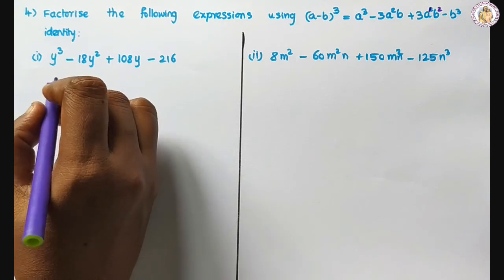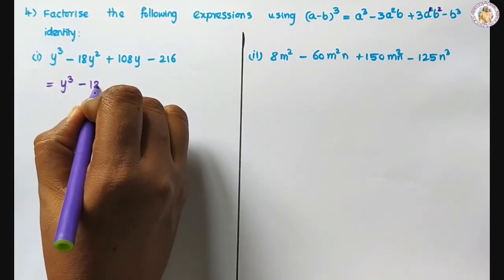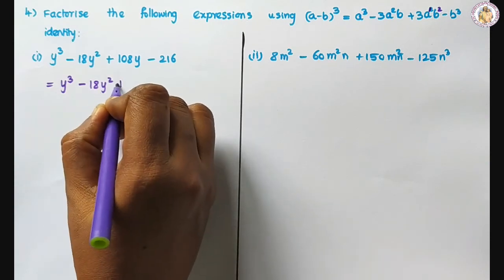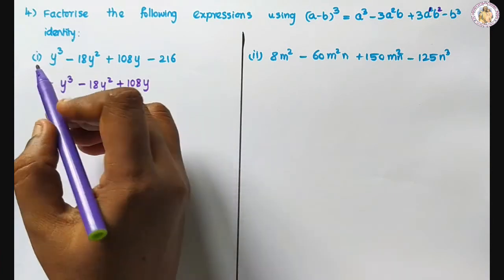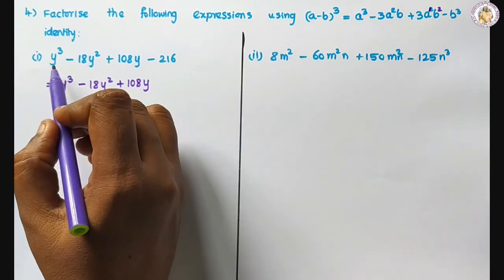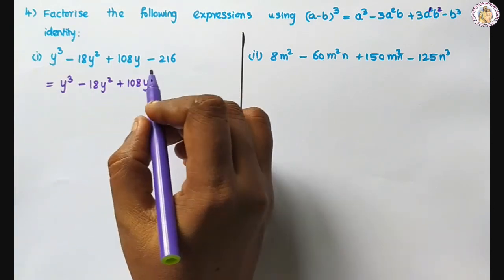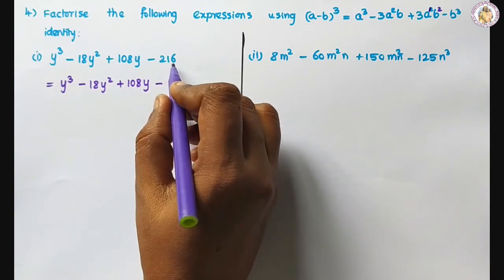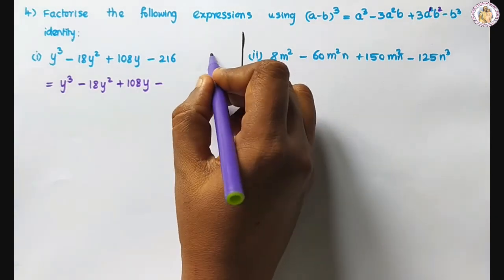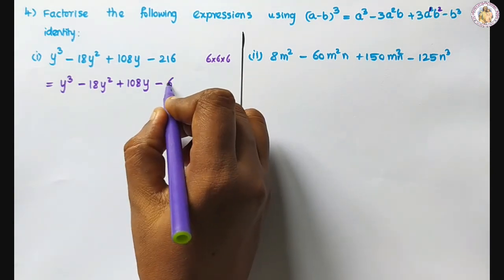This can be written as y cube minus 18y squared plus 108y as it is, because there is no numerical coefficient of y cube, and minus 216, that is 6 into 6 into 6, so 6 cube.